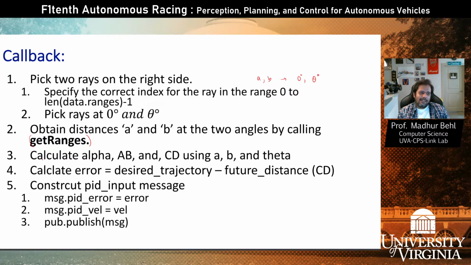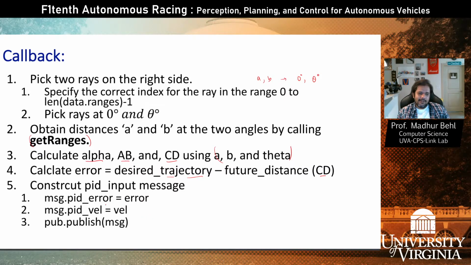Okay, and then you calculate these distances and the offset alpha. So you calculate alpha, AB, and CD using the knowledge of AB and theta. Then you calculate error as your desired trajectory, which would be declared as a constant variable in your code, minus the future trajectory. You can compute two values of the error.